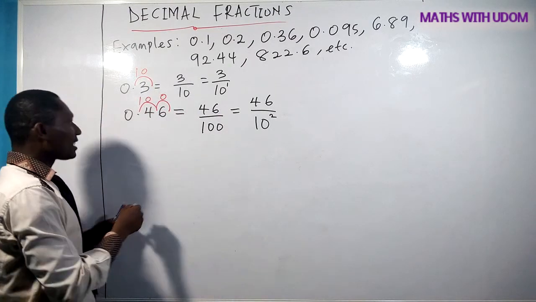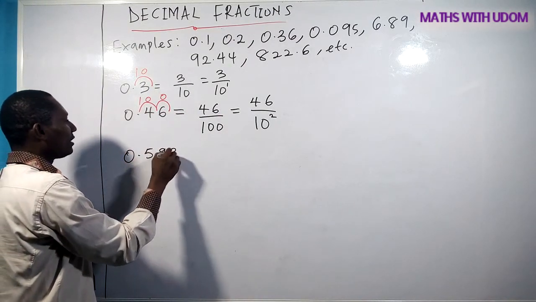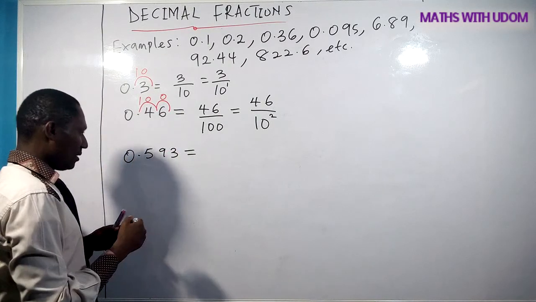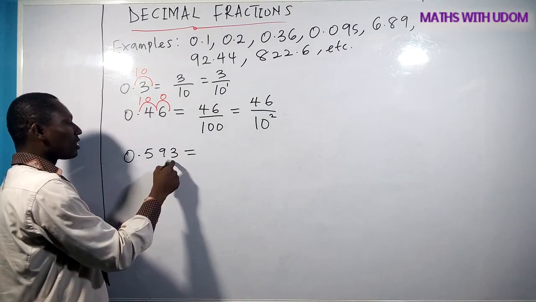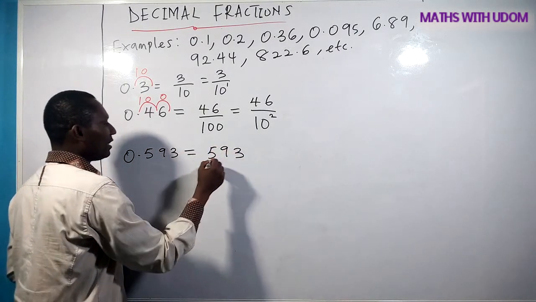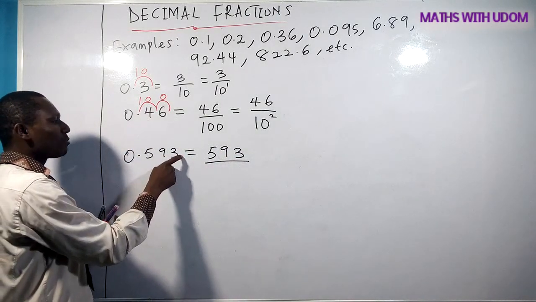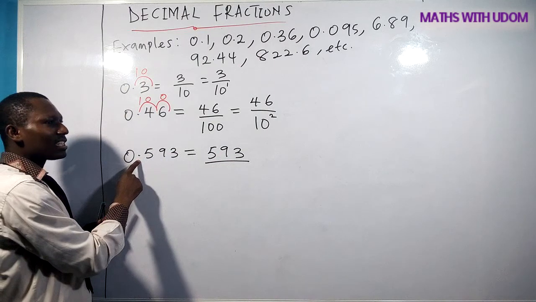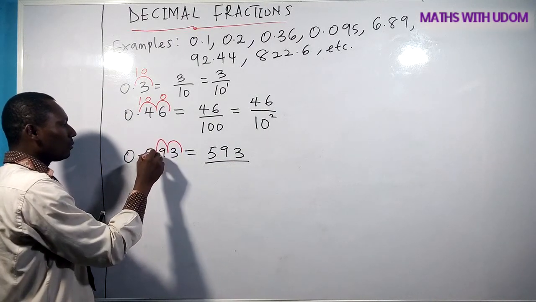Okay? Let's have another number, 0.593, for instance. So this will give us what? The lump sum is 593 divided by what? Now from the front of 3, let's move backwards. It will reach the decimal point. That will give us 1, 2, 3.